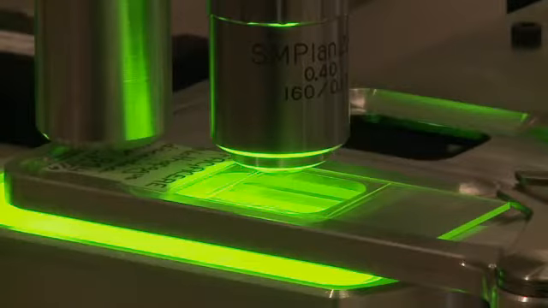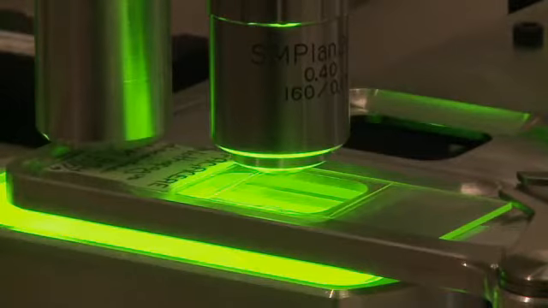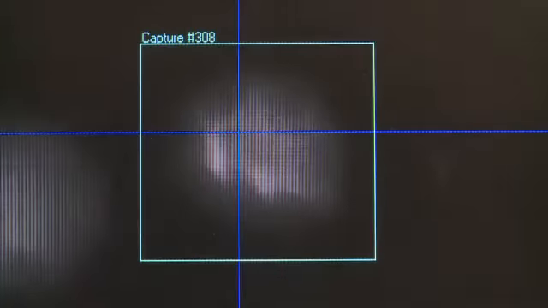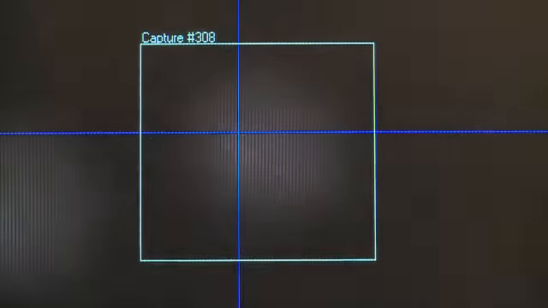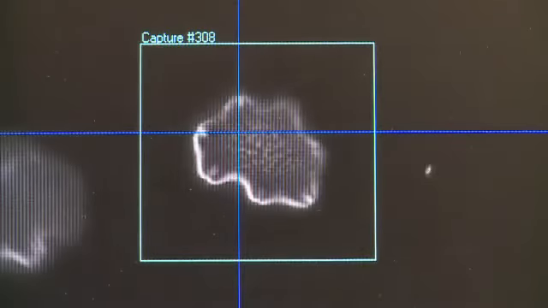Well, essentially what the microscope is doing is trying to find certain shapes and sizes of particles, and we can actually tell it to find particles of roughly spherical shape and a certain size range.